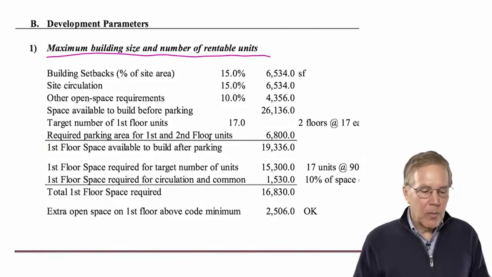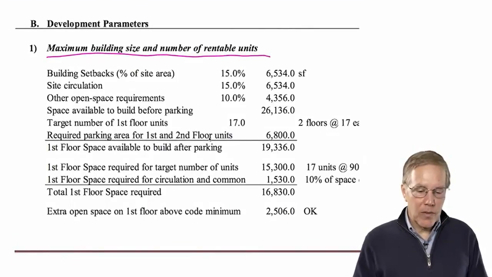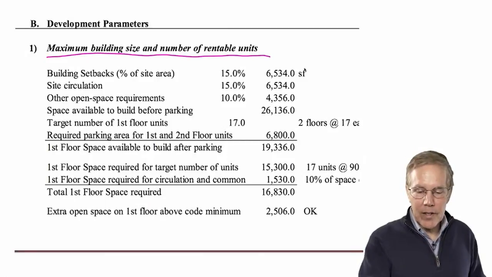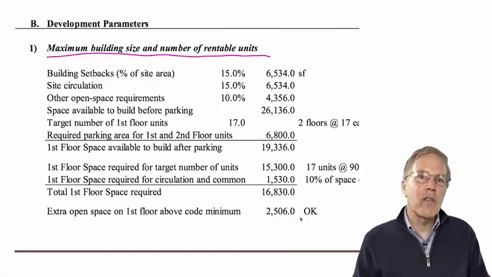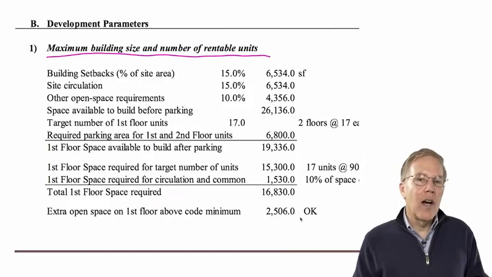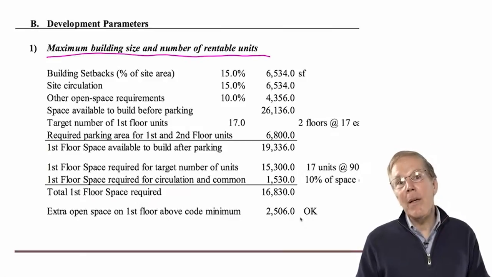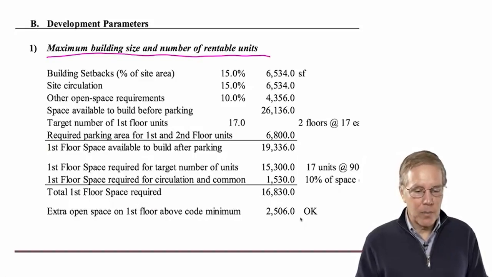In terms of development parameters, the first thing CAG wants to know is, considering all the things the local zoning is making us do, are we going to be able to fit 34 units in this acre? And if not, how many units can we fit into this space?